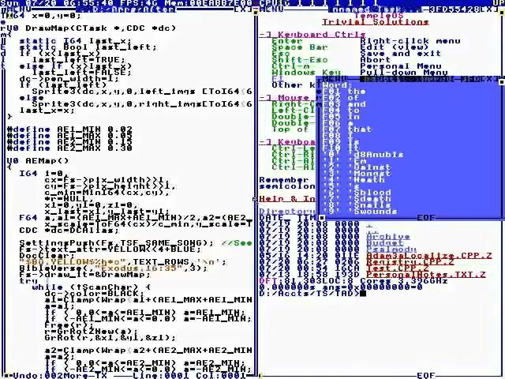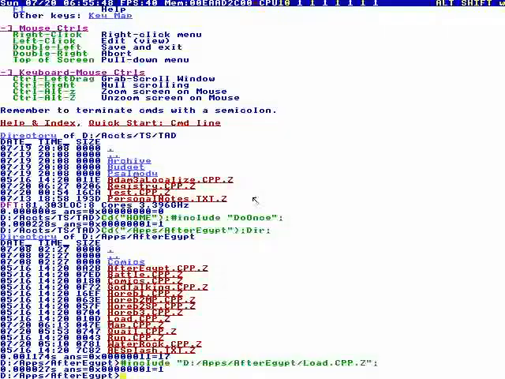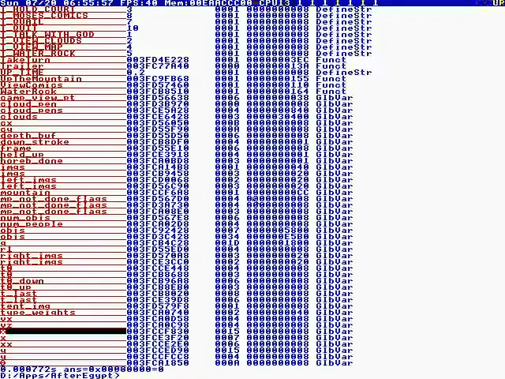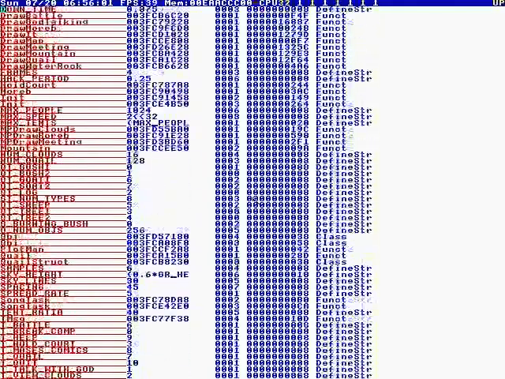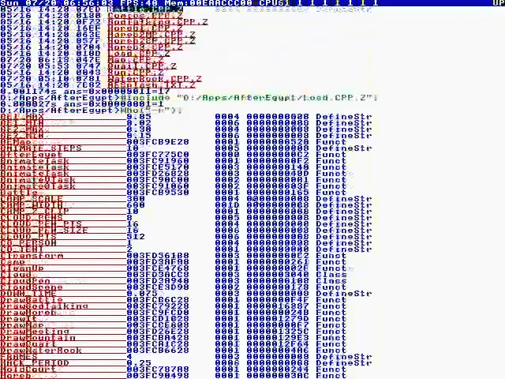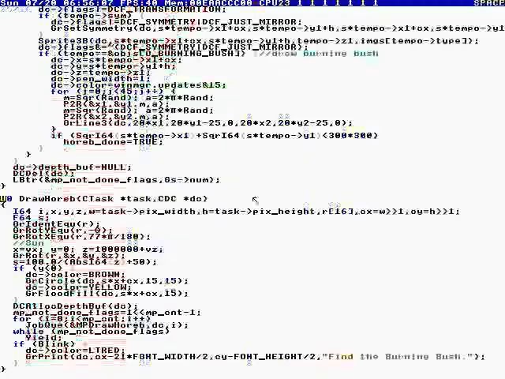So what else was I going to talk about? Watch this. Load. Now watch what happens if we do who minus R. These are all the symbols in after Egypt, and the file links work.